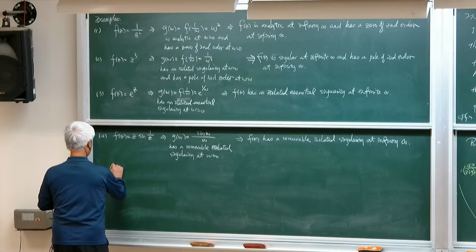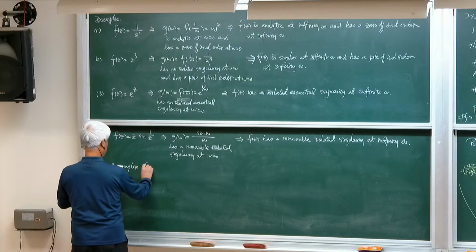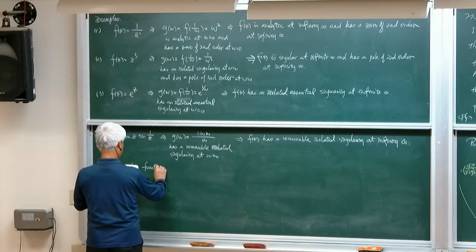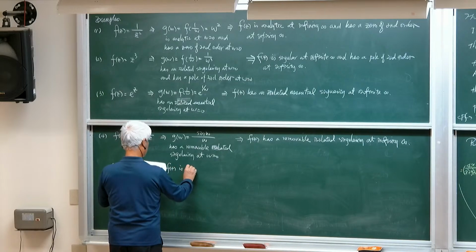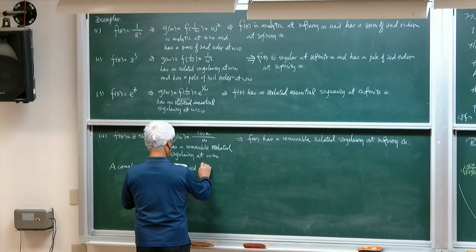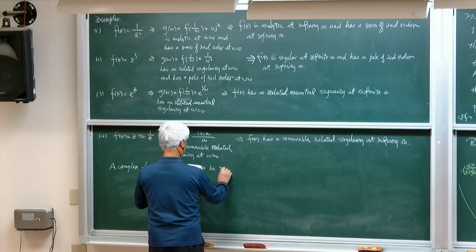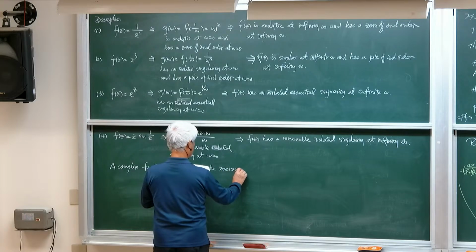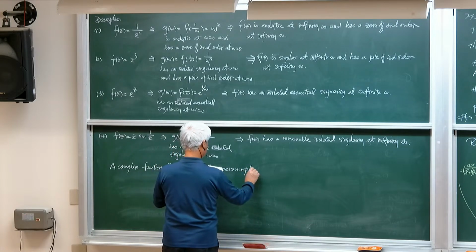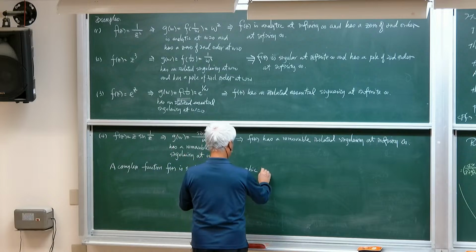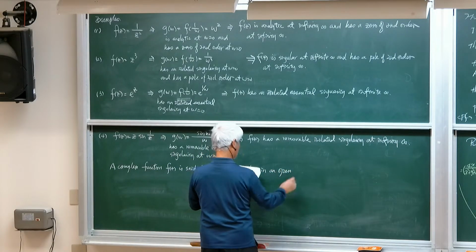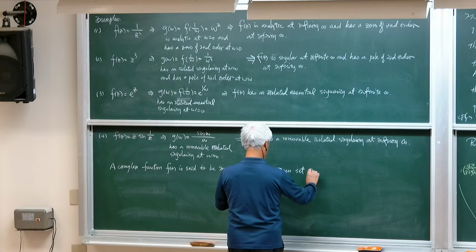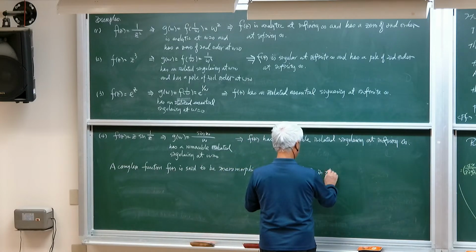So now, as I defined it, a complex function f of z is said to be meromorphic in an open set omega in the complex plane.